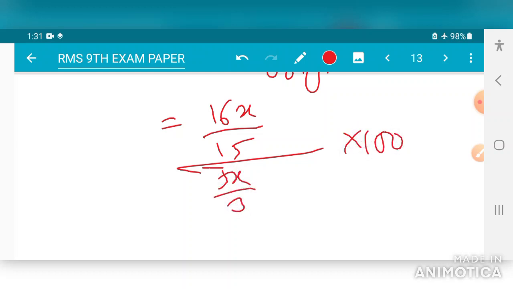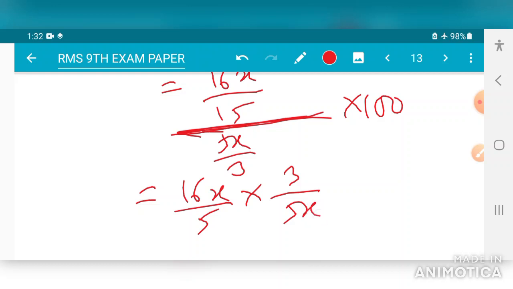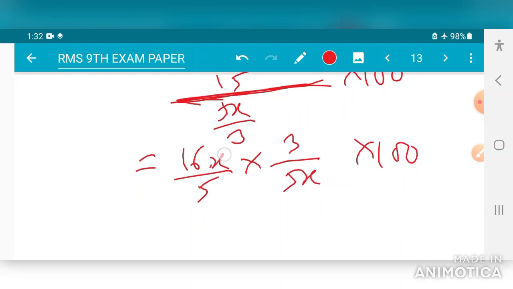This is the required percentage. By simplifying, the division sign becomes multiplication, so it is the reciprocal 3 by 5x into 100. Understood? So this x gets cancelled.